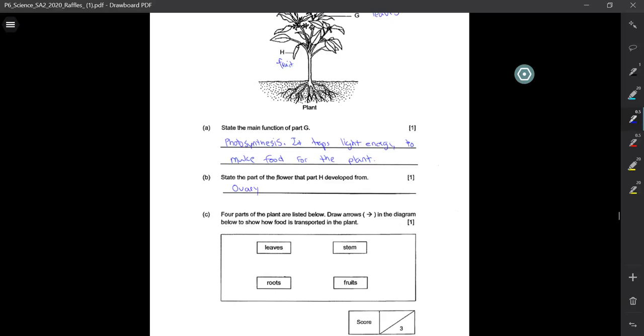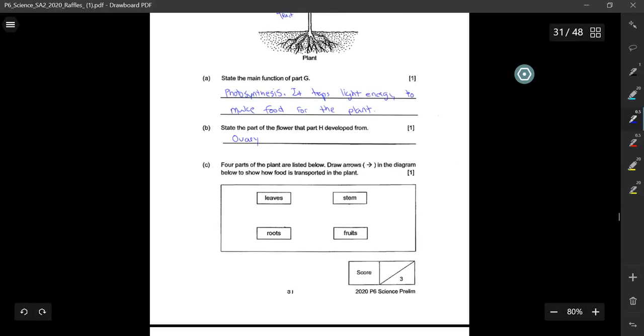And then, so C, 4 parts of the plant are listed below. Draw arrows in the diagram below to show how food is transported in the plant. So, okay, let's see what they do. So leaves, we know the leaves is where the food is created. And then the stem, okay, so the stem is transport.